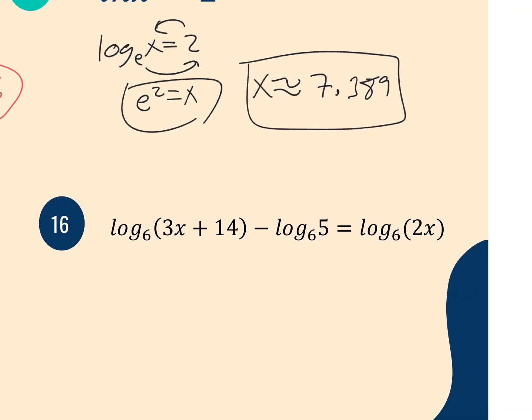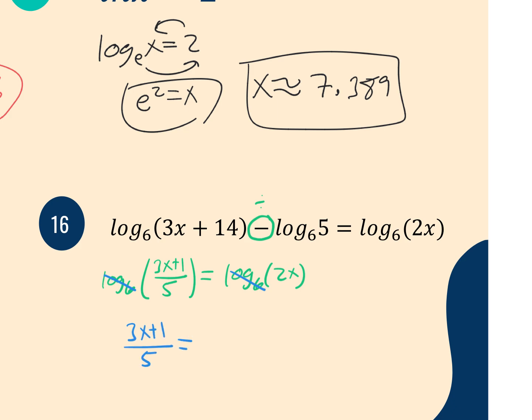Now this one, you see that we have multiple logs, so I can't just cancel the same way that I did in the other one. What you would have to do instead is use a property of logs to condense it. In the previous lesson, we learned that minus between logs means division. So you're going to turn this into log base 6 of (3x plus 1) divided by 5, and that's going to equal log base 6 of 2x. Now we can do what we did in the previous problem: cancel out our log base 6's because they match on both sides.